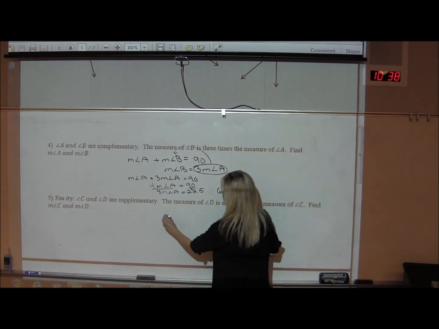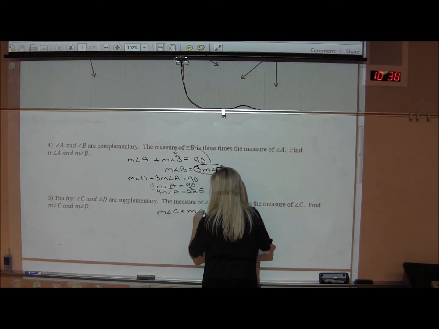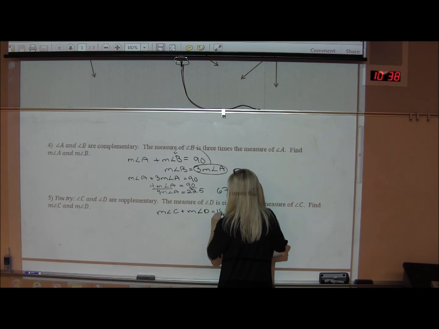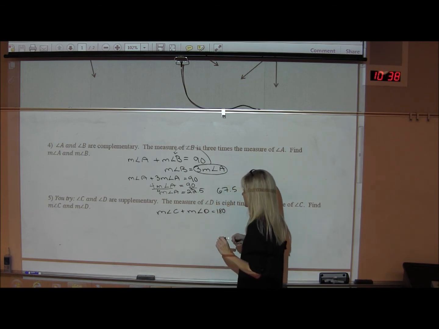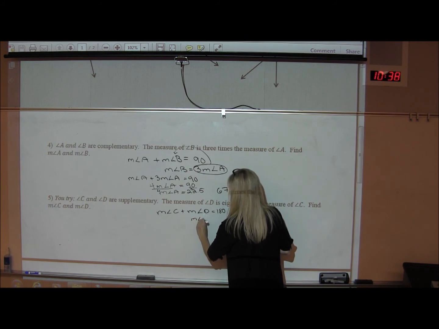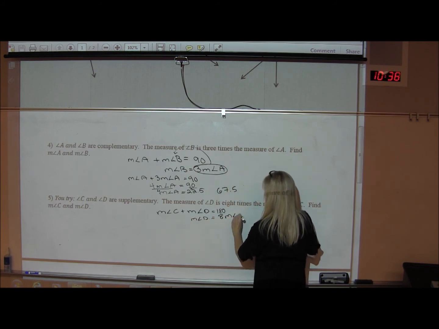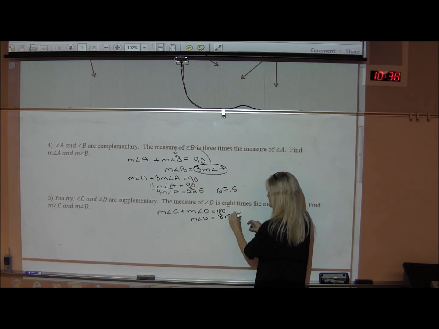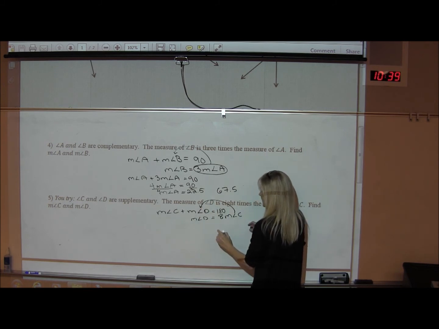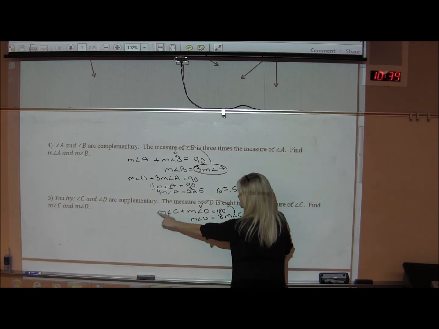So we know the measure of angle C plus the measure of angle D add up to 180, because that's what supplementary means. And then we know that the measure of angle D is 8 times the measure of angle C. So if we substitute, I'm not going to write out that line, this will be 8 plus 1.